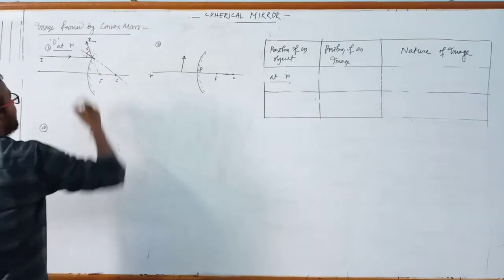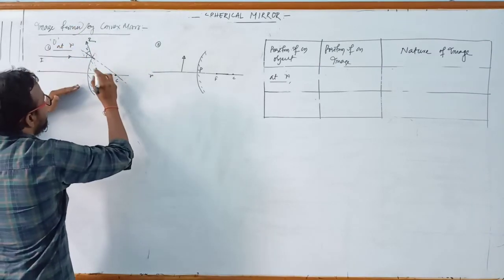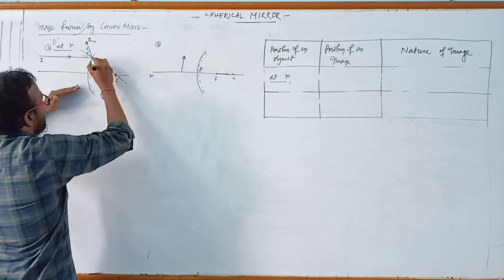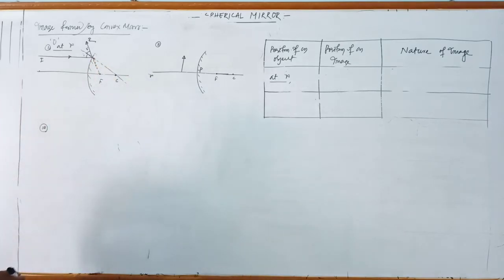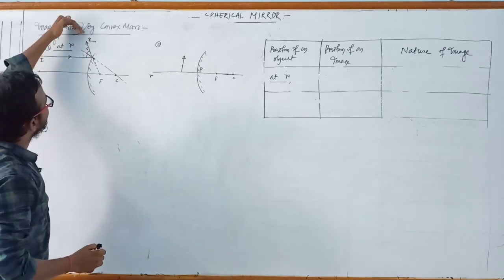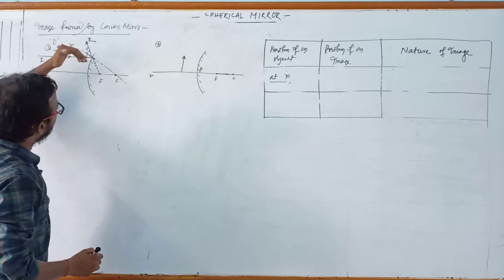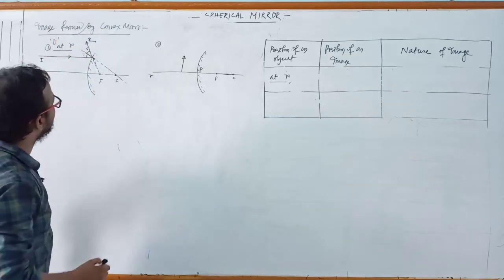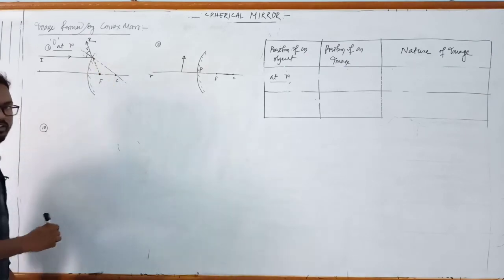This is the angle of reflection r. Clear? That means if we observe this side, the ray seems to be coming from the focus point. If we produce the reflected ray backward behind the convex mirror, then the produced ray meets at the focus point.